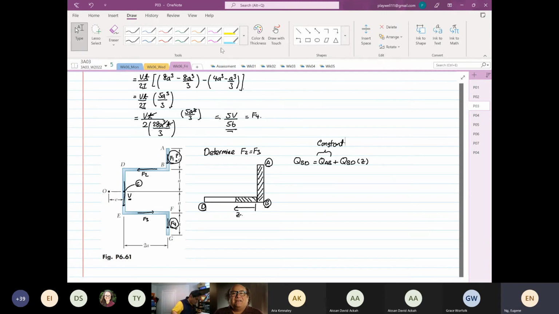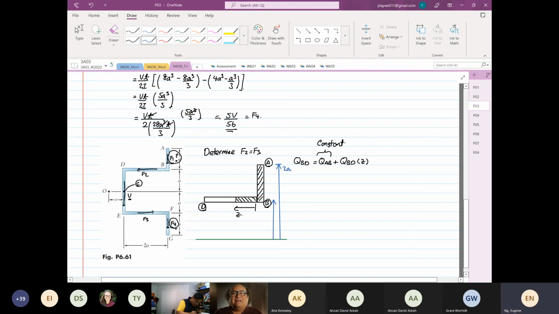So I've not finished drawing my diagram. I do apologize. So again, this is our centroid. Okay, so the distance from here to here, we know that this is our 2A, and we know the distance from here to the center.